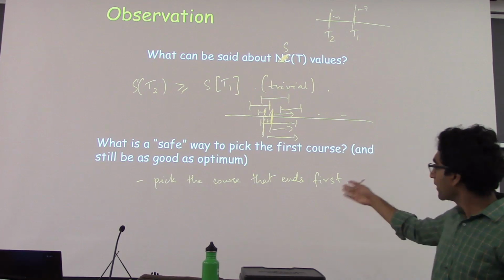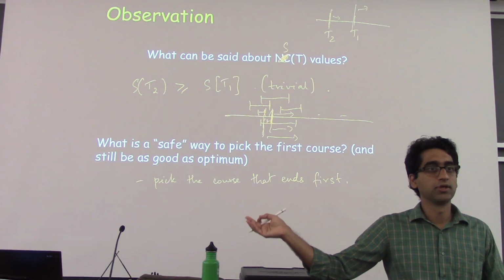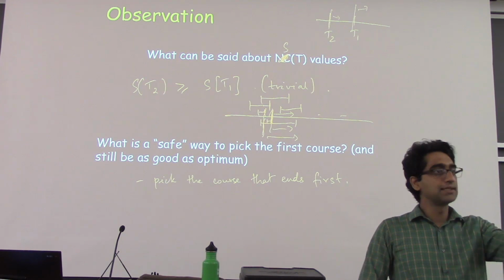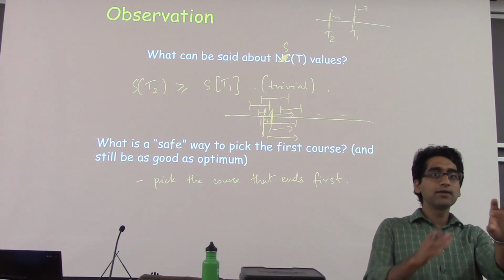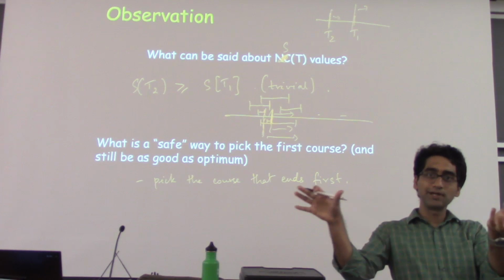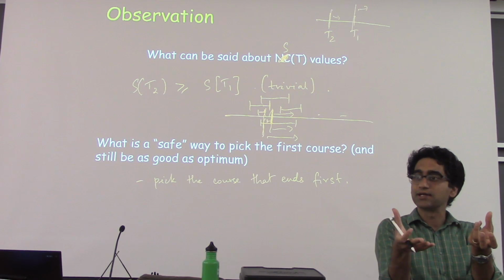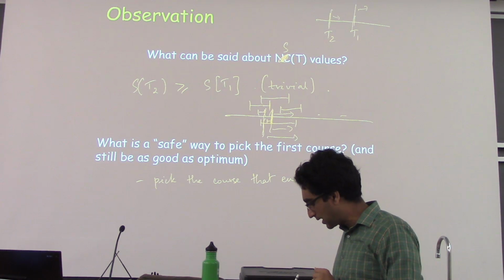And having picked this, it's clear that you have to keep doing this. Because let's say you commit to picking this course. Then the next course that you pick, by the same reasoning, has to be among the ones remaining. You have to pick the one that ends first. So this is a natural greedy algorithm.